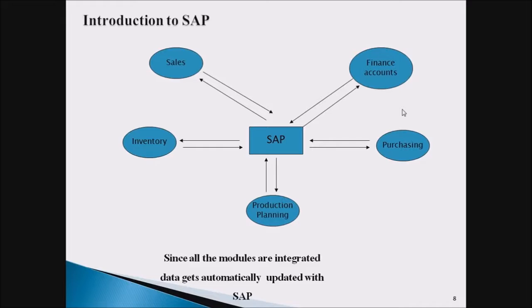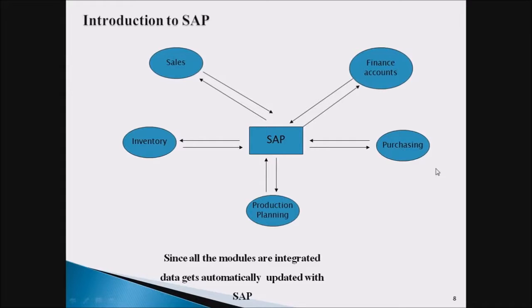The third important problem is what we call the concept of integration. Integration means the interlink between all these departments. Now, let us suppose this product has been implemented in one of the organizations. When you go ahead with this product, all these departments are interlinked. So what happens because of that?